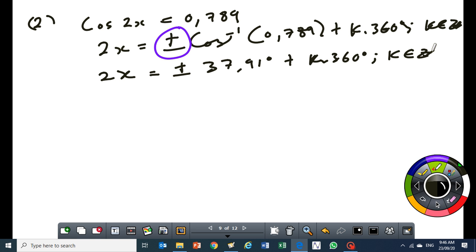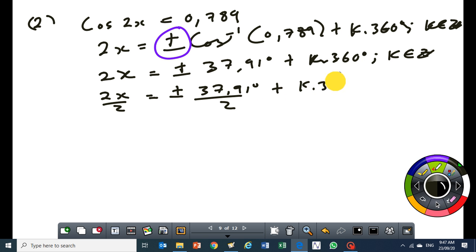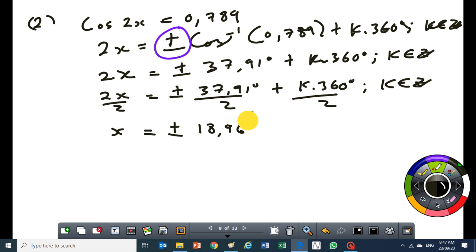So you end up getting 2x over 2 is equal to plus or minus 37.91 degrees divided by 2 plus k times 360 degrees divided by 2, where k is an element of integers. Then it becomes x equal to plus or minus 18.96 degrees plus k times 180.